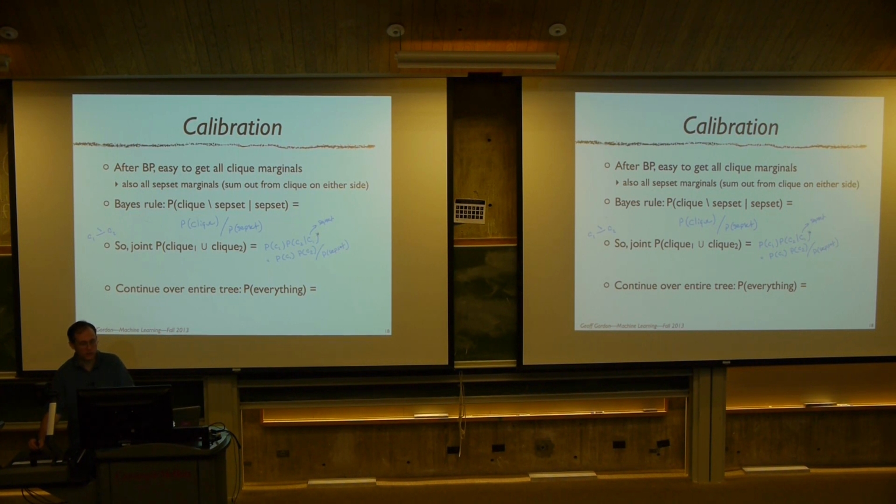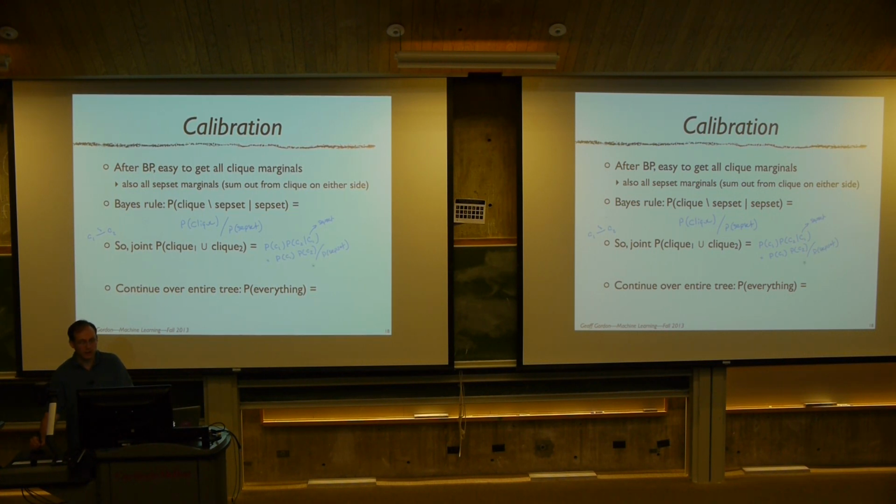And the reason that's true is that we know that clique 2 is independent of all of the other variables in clique 1 given the subset. So that's interesting. We can get joint probabilities of two cliques by multiplying the probability of each of the cliques and dividing by the marginal over the subset.